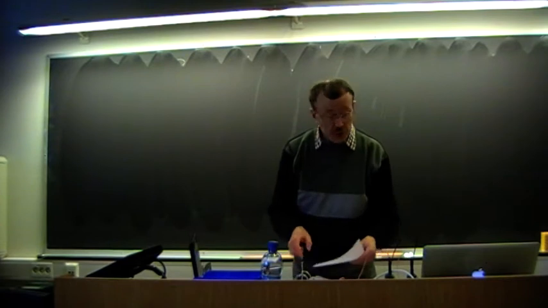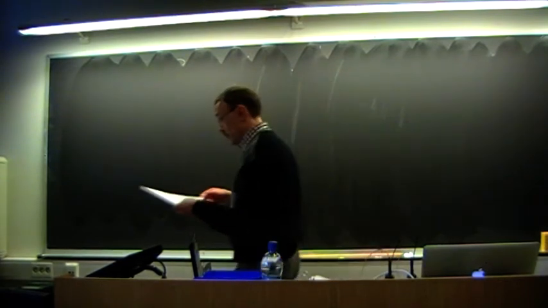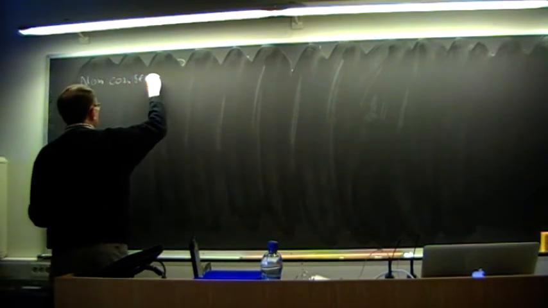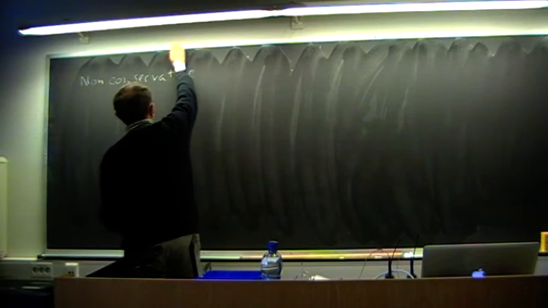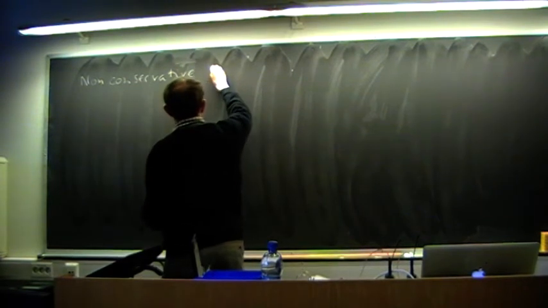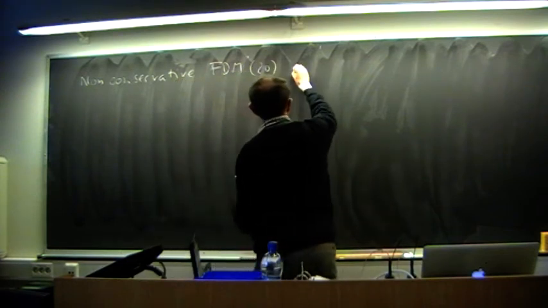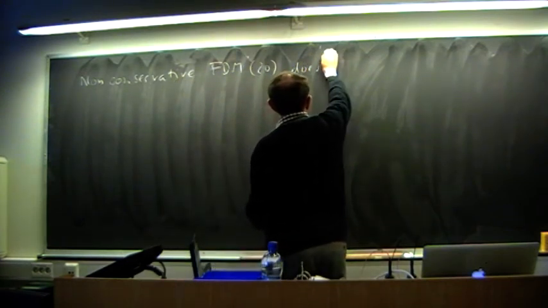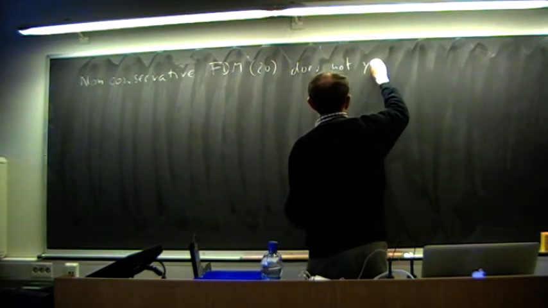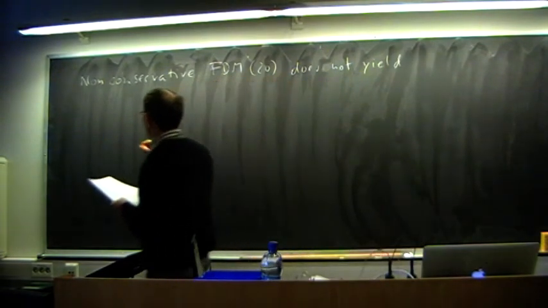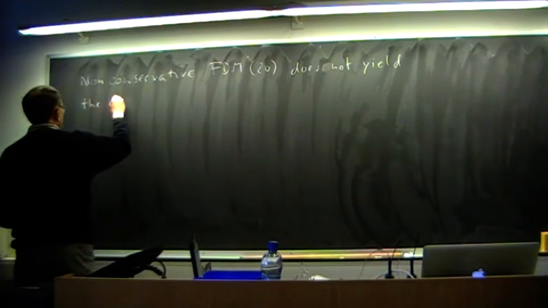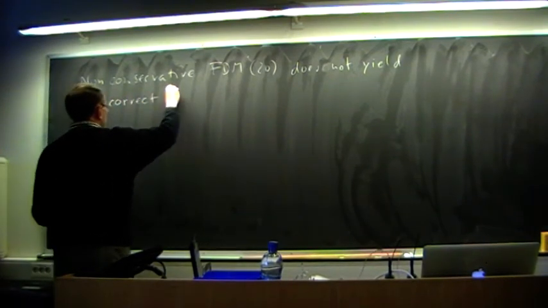So we can conclude from what we saw that the non-conservative form, we just call it FDM 20, does not yield correct shock speed.